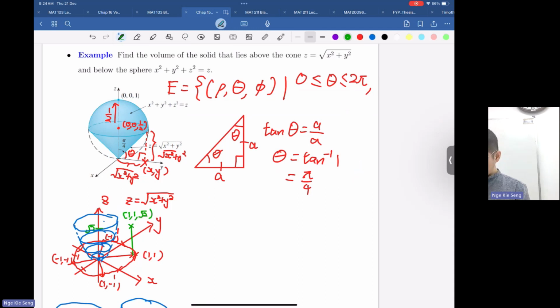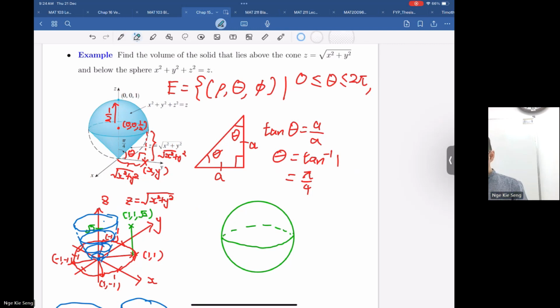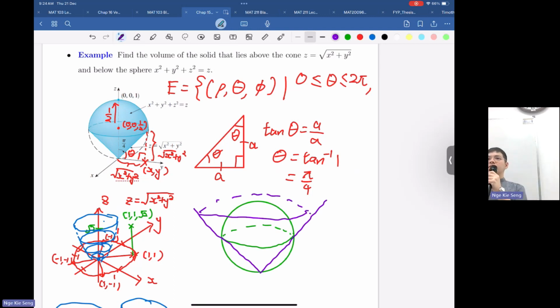So can you imagine what's the intersection here? What's the picture we are having in mind? I have a sphere, and then I have another cone. My cone extends infinitely. The sphere is closed, but the cone is not.